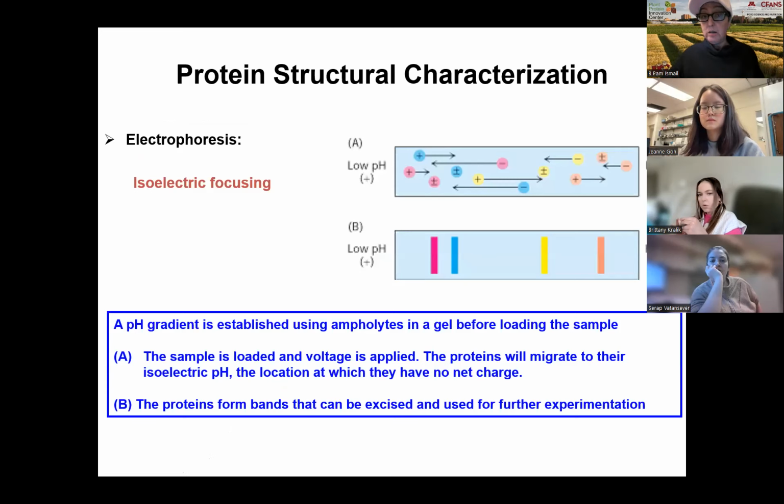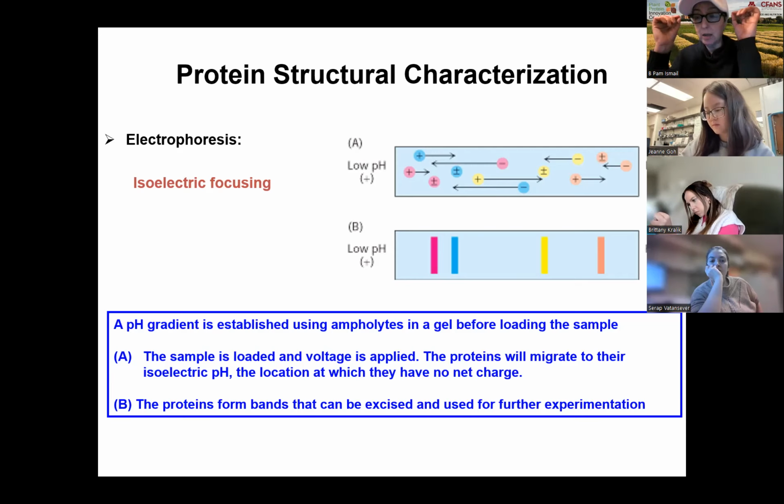Now, 2D gels, we use them quite a bit for different purposes. In 2D gel, usually we use isoelectric focusing coupled with SDS page. So in isoelectric focusing, we are separating the protein based on charge, not on size.